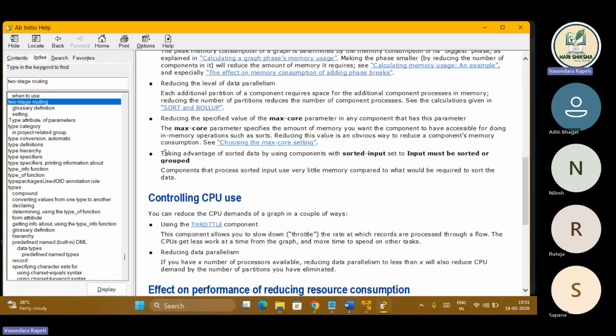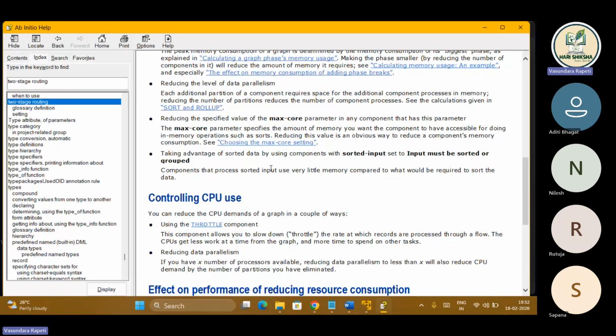Components that process sorted input use little memory compared to in-memory ones; if you say in memory, they will require more memory.